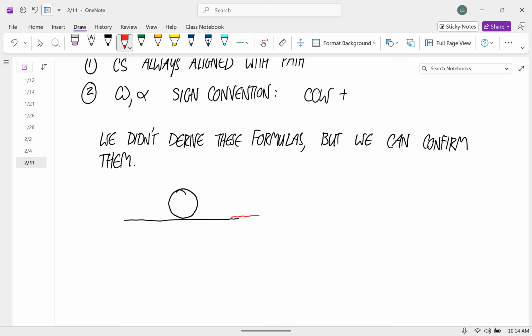And the coordinate system then looks like this. The y-axis is pointed out. The x-axis is along the surface. And this is the center. And I'm going to call that point A. And I'm going to assume that we have a positive omega and alpha.